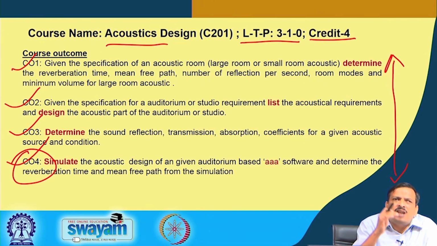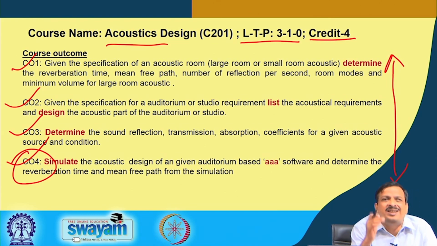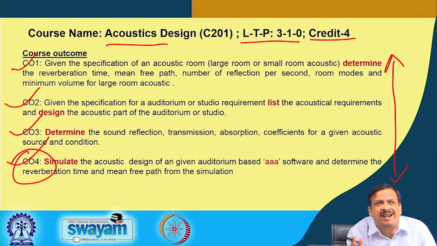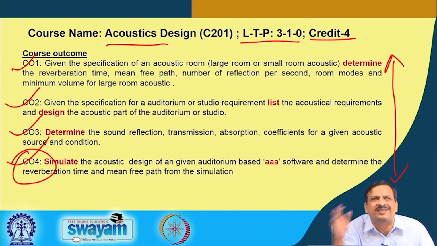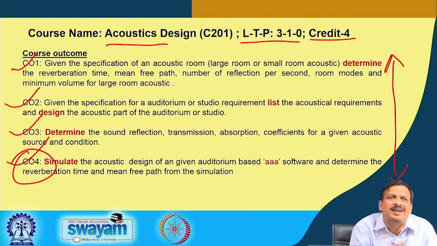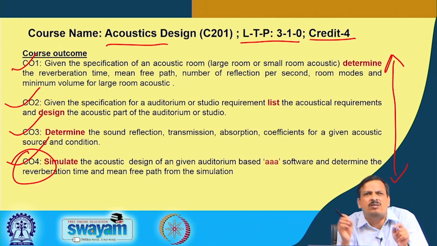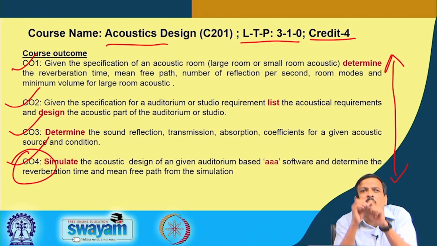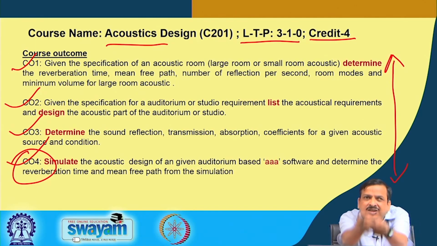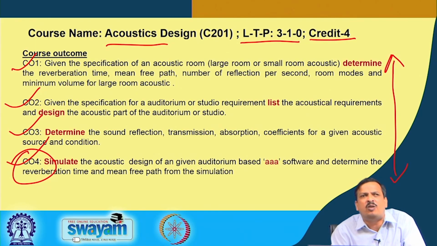So, a course outcome may contain an outcome which cannot be tested in a 2 or 3 hour time-bound examination. It may require 2 months or 1 month. So, you will provide an assignment or project to the students, and based on that result you can find out whether they have attained CO4 or not.